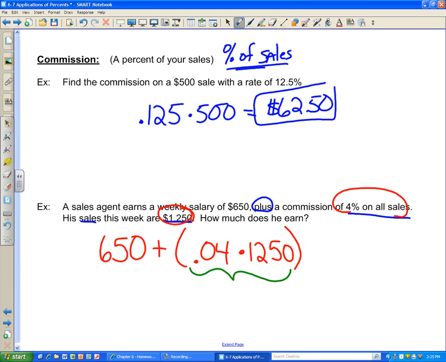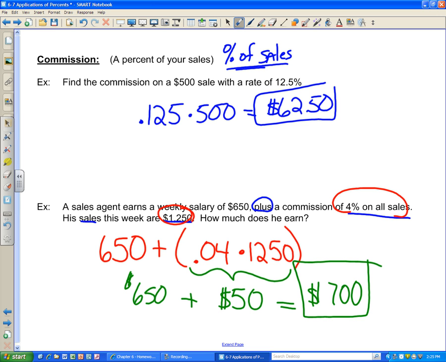So since he sold $1,250 in sales, he made an extra $50, plus $650, which is his weekly salary. So for the week, he earned $700. So he automatically gets the $650, and then he earned an extra $50 in commission.